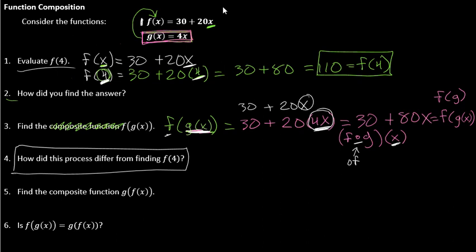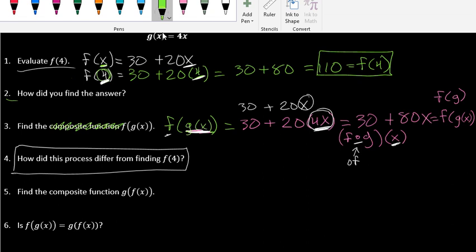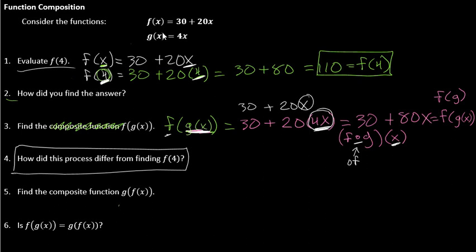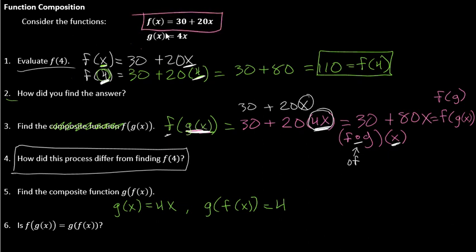Okay? Find the composite function g of f of x. So now we're doing it the other way around. We're going to take f and plug it into g. Okay, so now g of x, well, g of x is just 4x, right? g of f is simply 4 times, well, we're going to plug this guy in right over here, okay?